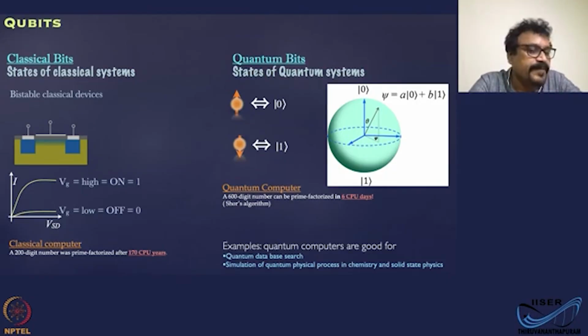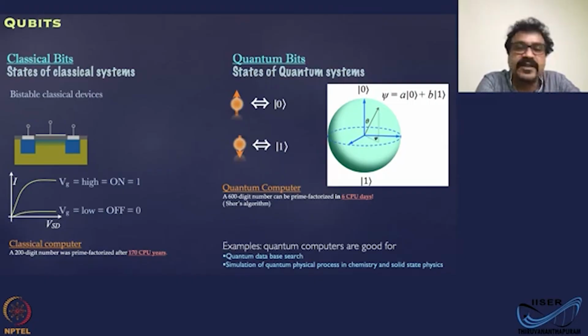So altogether, the approach of quantum computation is radically different from that of a classical computer. The difference is so fundamental that it starts from how you define the quantum bits.